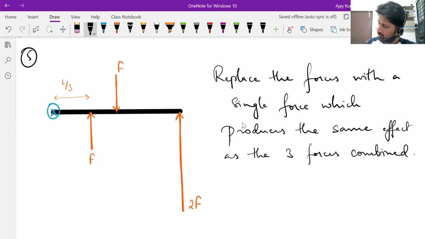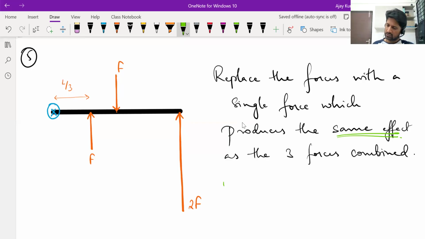Now understand this point. Producing the same effect means the resultant of these three forces should be the same as the new force with which you are trying to replace. So the net force of these three should be equal to that new force. And the net torque produced by these three should be equal to the net torque produced by the new force.